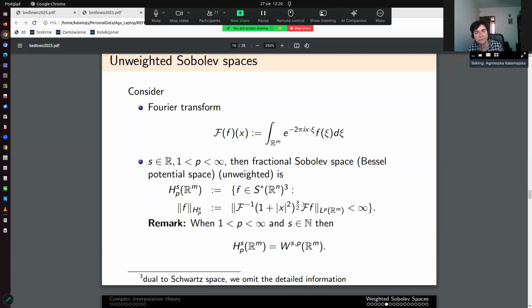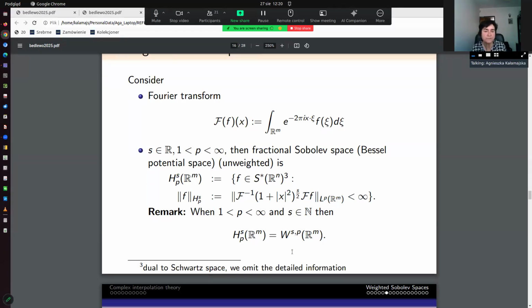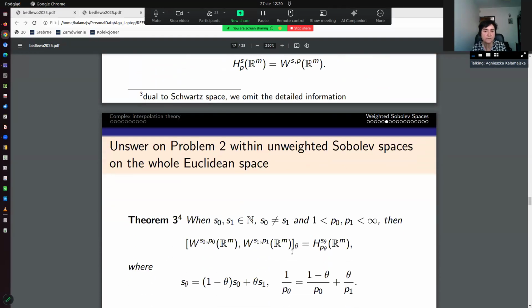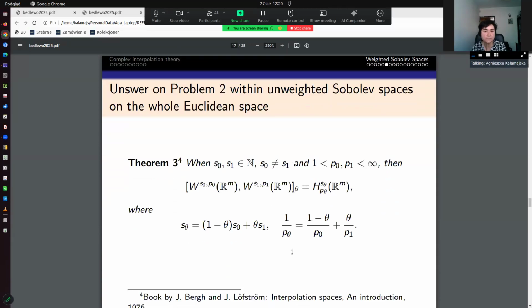There are many definitions. And it is known that when S is a natural number, then this is the same as the usual Sobolev space on Rn. So now we have Bessel potential space, and one can find it in a book by Bergh and Löfström.